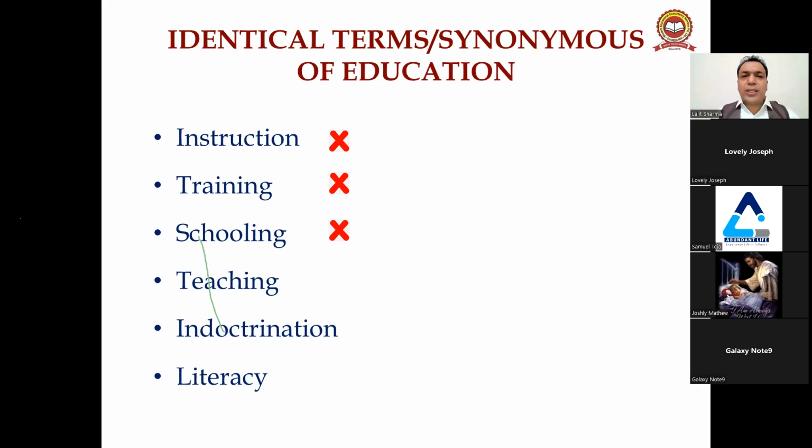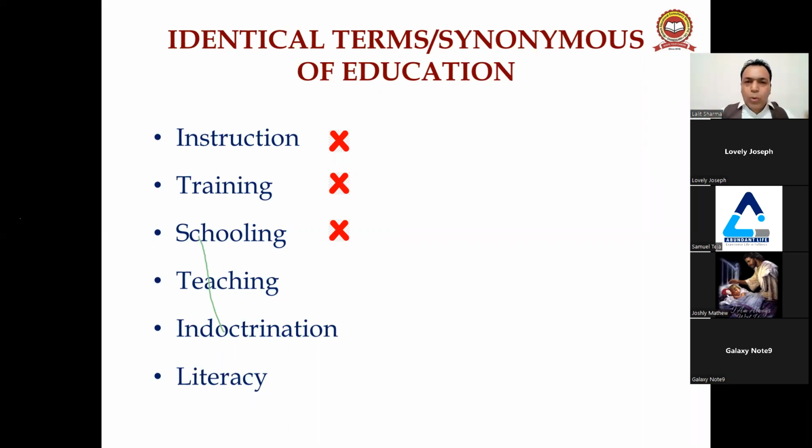Our aim of education is that we have to develop the personality of the child fully and freely, complete personality, holistic personality, right? It means the child should be physically developed, sociologically developed, intellectually developed, spiritually developed, and ethically developed.